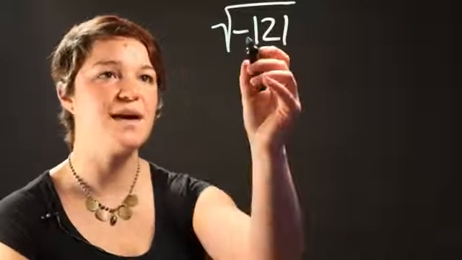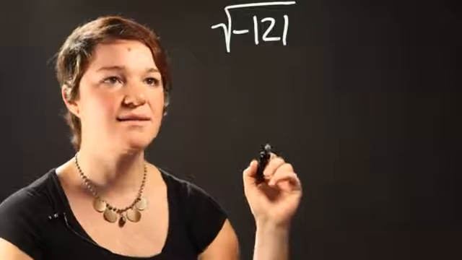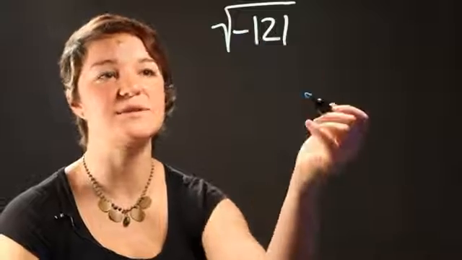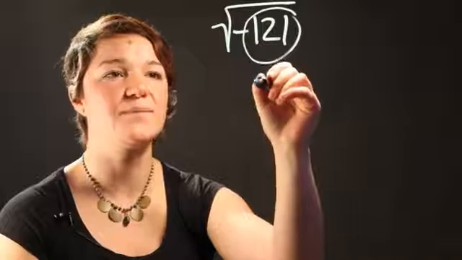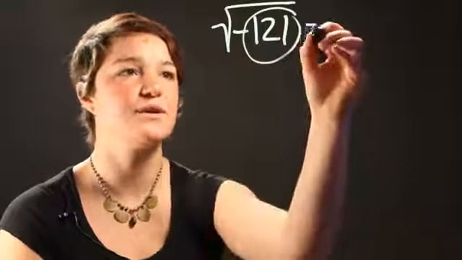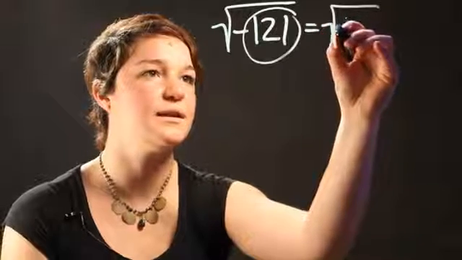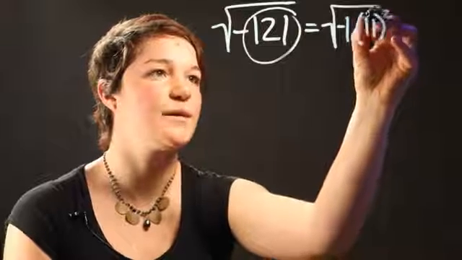So here we have a square root of a negative number. That means that the negative number is going to be left underneath the square root sign. But the rest of it, that 121, we can pull out. Now we know that 121 is 11 squared. So this is the same as the radical of negative 1 times 11 squared.